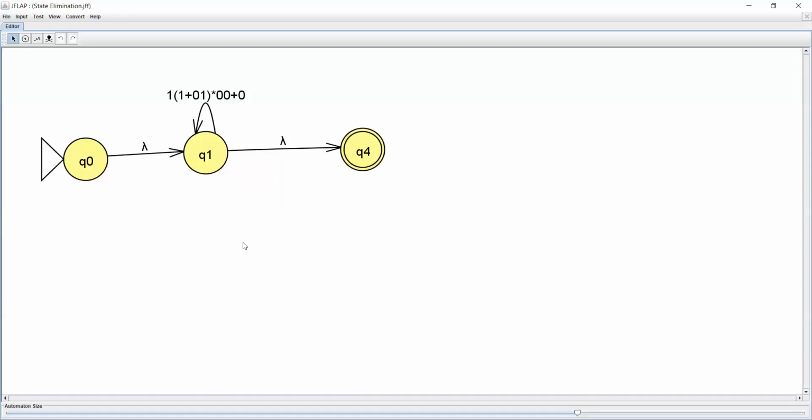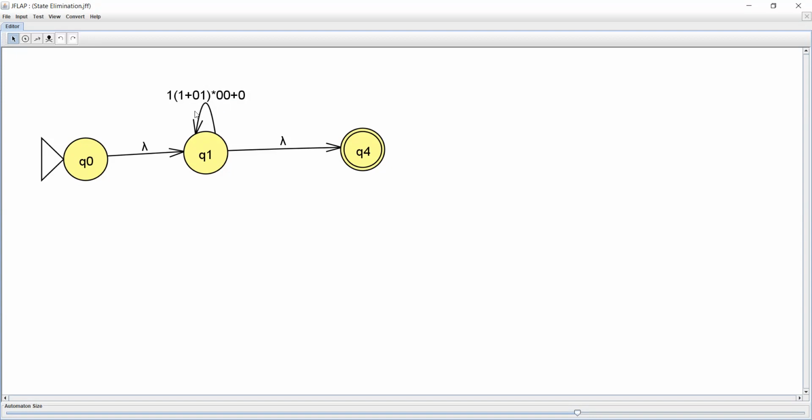The next thing we have to do is, finally, we need to remove this state Q1. Why? Because we have Q0 and we need to get to Q4. Q0 is the initial state and Q4 is the final state. When I try to remove this Q1 state, it has a loop term.